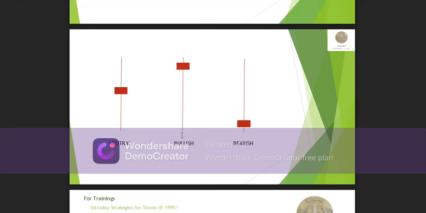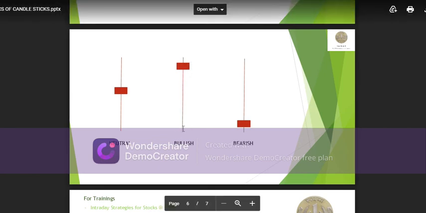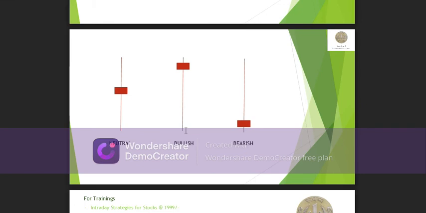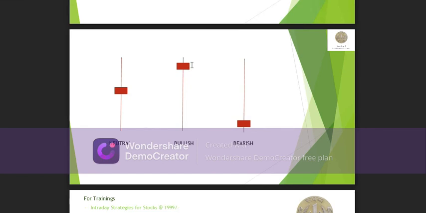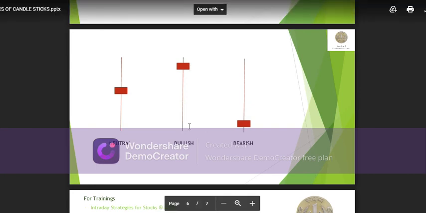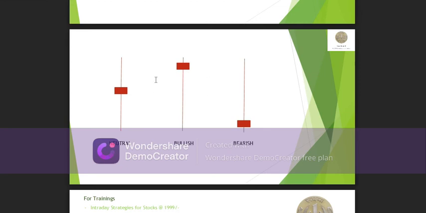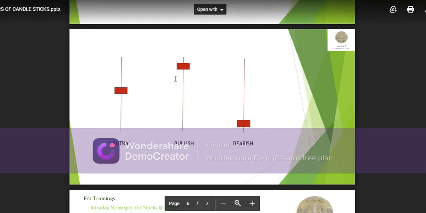They will not allow the price to come down here because they bought at some higher price. They will never allow it to fall, because if they allow it to fall, they will be at a loss. So both of them fought, but the buyers' strength is much higher. So the stock closed below its open price, but not at the lowest price. It means that the buyers are still in control of this price movement.